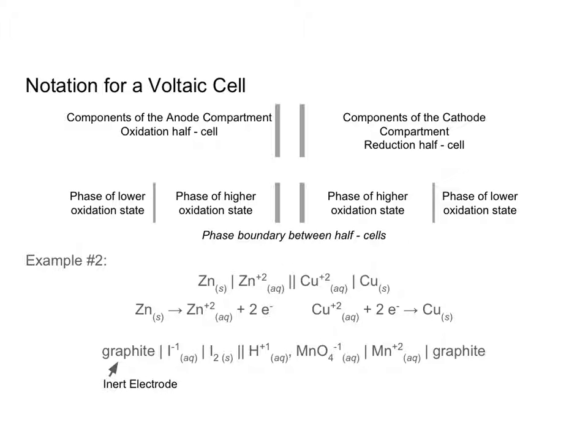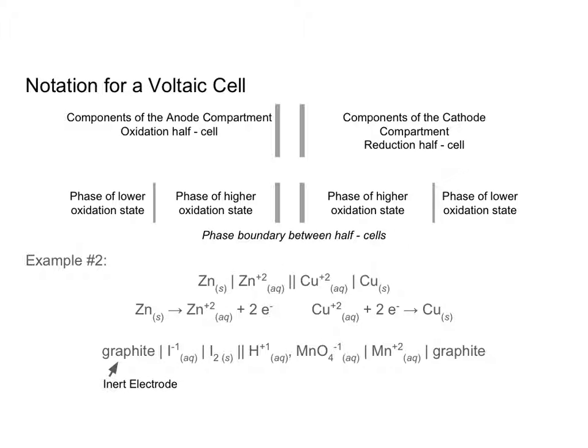The left-hand side of the voltaic cell notation is always the anode, the oxidizing side, and the right-hand side is always the cathode, the reducing side. And it further is broken apart into the phase of the lower oxidation state followed by the phase of the higher oxidation state. And then the phase of the higher oxidation state of the cathode followed by the phase of the lower oxidation state of the cathode.